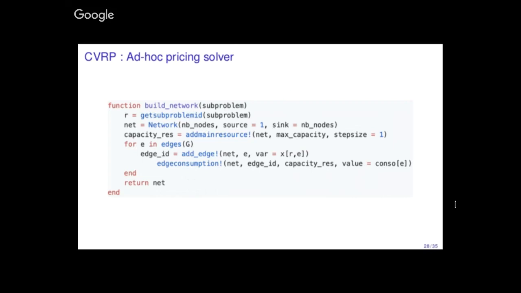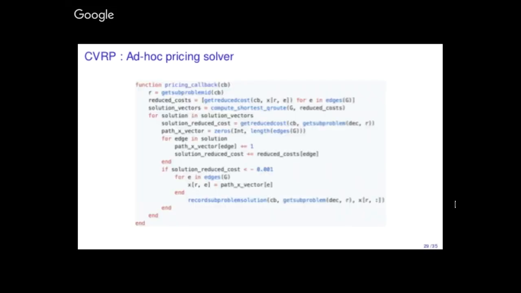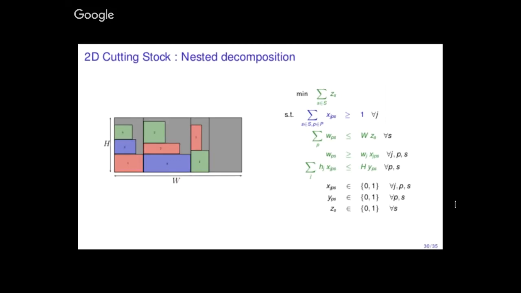For each subproblem, you just take the information on that subproblem and the information on your graph, and then build the network. And for the pricing callback, basically, when the control is handed to you, you just solve your subproblem and check which variables have negative reduced cost, and then you add them to the master. Okay.